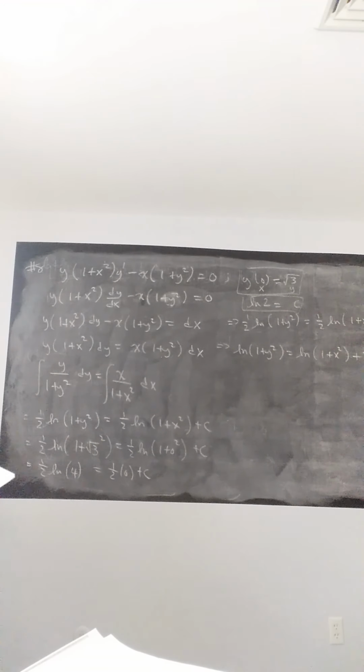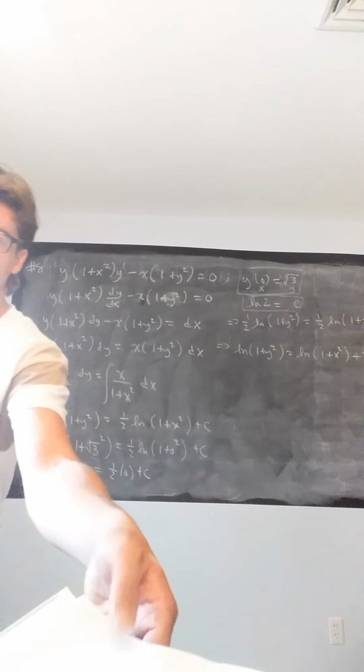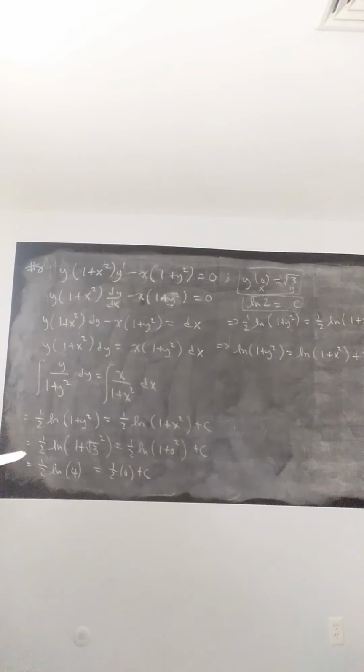So now you have to think about where we go next. Right? Where do we go next? Well, think about some of your log properties, and how we solve log equations specifically. There's a little bit of a trick we could use here to finish this up.